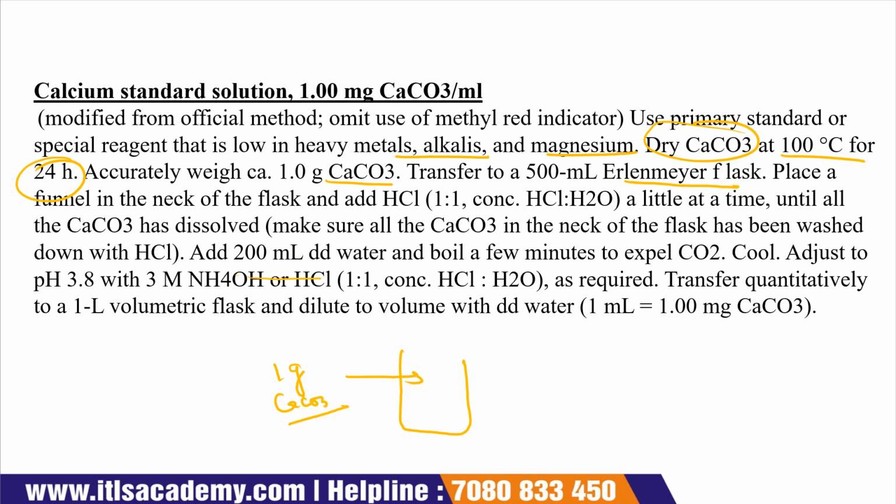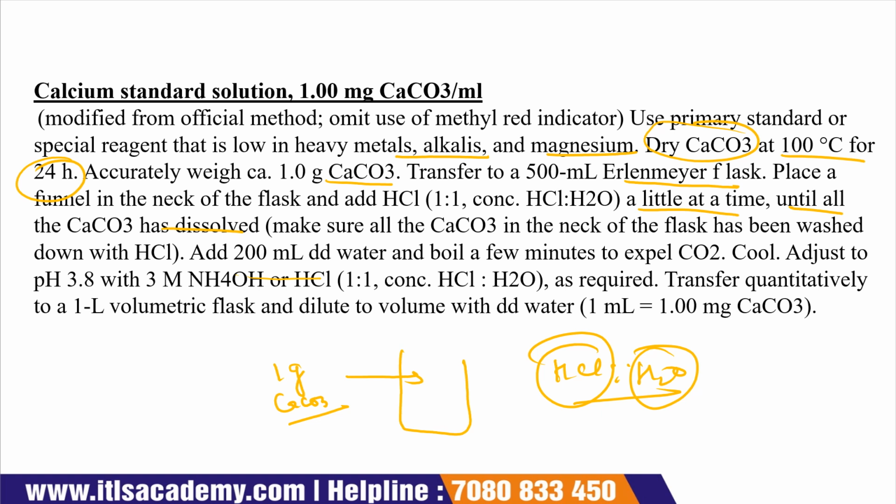Now we place a funnel into the flask and add an equal amount of concentrated HCl and H2O, a little at a time, until all the CaCO3 has dissolved. When all the CaCO3 is dissolved, we wash the neck of the flask with HCl, and again add deionized distilled water, 200 ml.